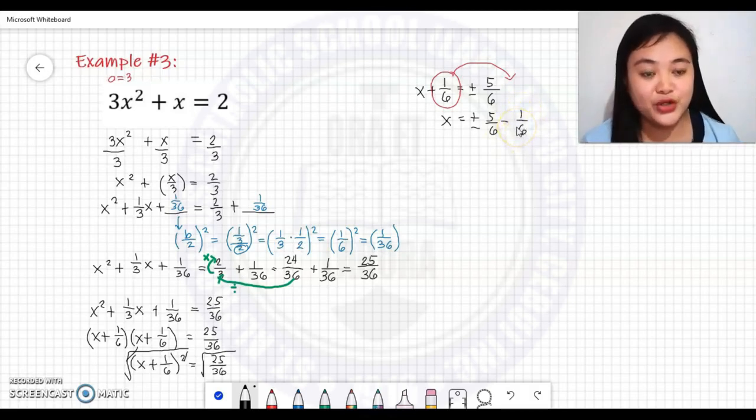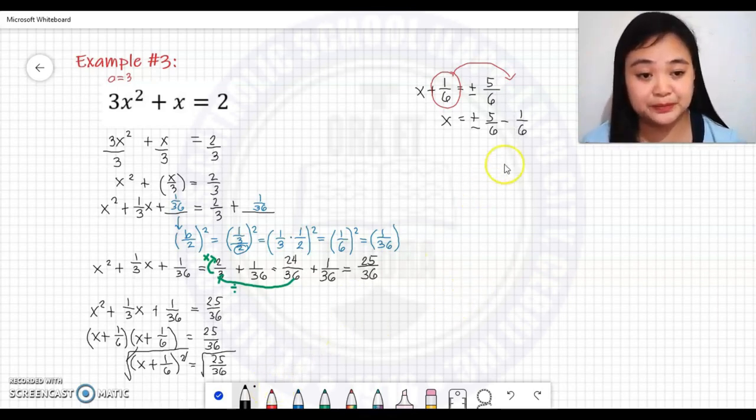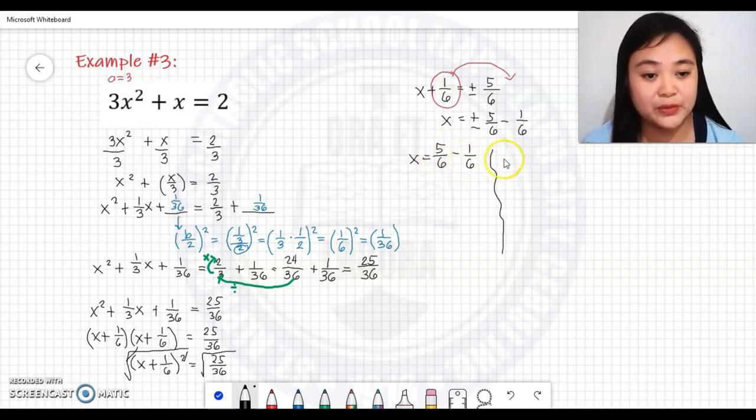Okay, now we're going to solve for the two scenarios. The two scenarios will be x equals positive 5 over 6 minus 1 over 6, and the second one would be x equals negative 5 over 6 minus 1 over 6.